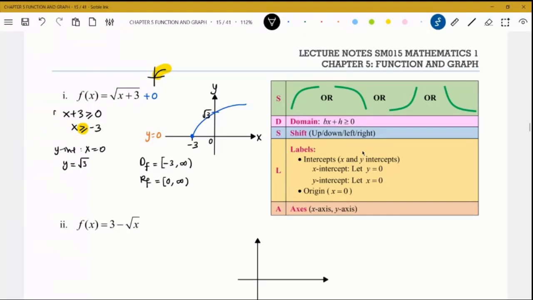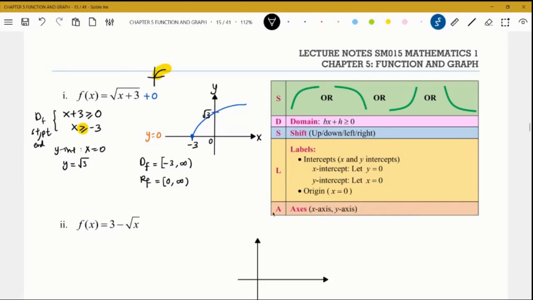So yang ini kita boleh cakap dia adalah domain ataupun kita boleh cakap dia adalah starting point. Okay. Saya tak letak starting point sebab kadang-kadang dia boleh jadi end point. So sebab tu saya letak sebagai domain je. Okay, di antara the starting point ataupun end point.